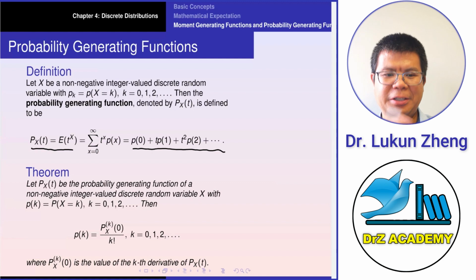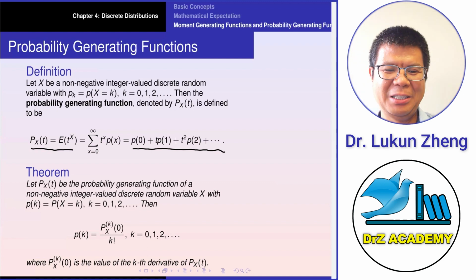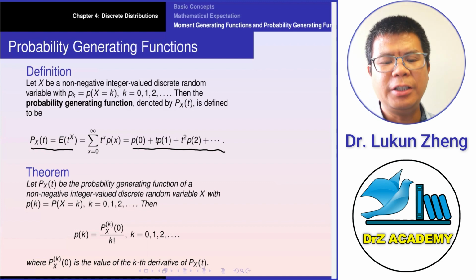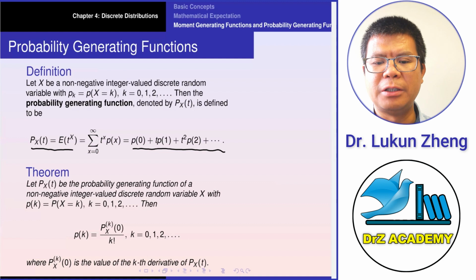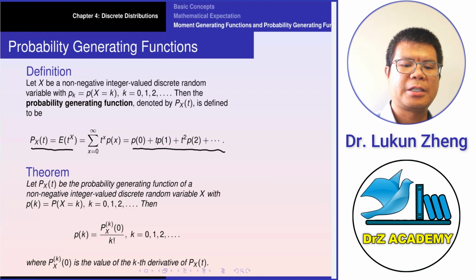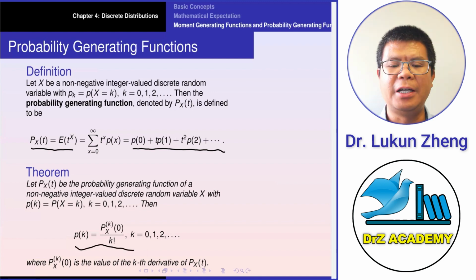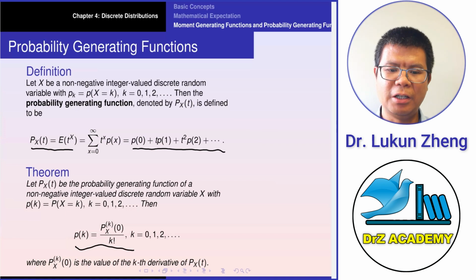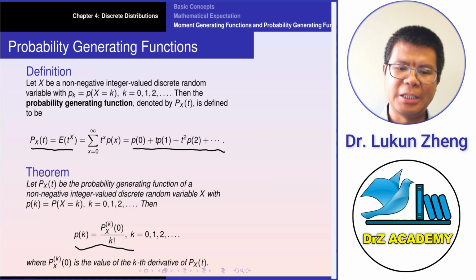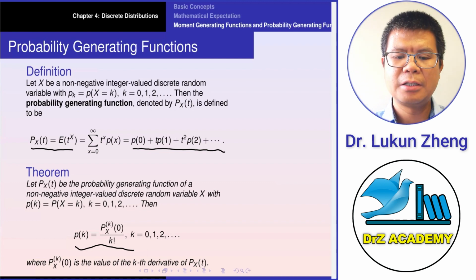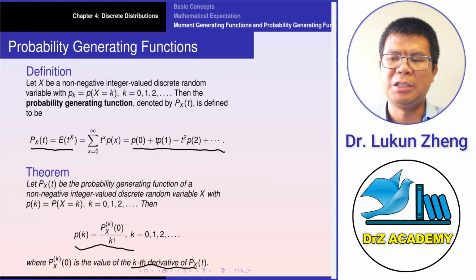Okay, so consider the following theorem. Let Px(t) be the probability generating function of a non-negative integer valued discrete random variable x with p_k equals the probability x equal to x_k. Then we have the following equation: p of k is the kth derivative of the probability generating function at point 0 over k factorial, where this is the kth derivative of Px(t).